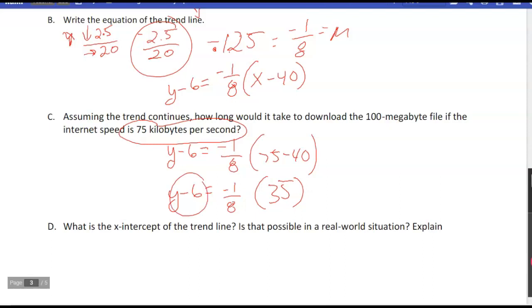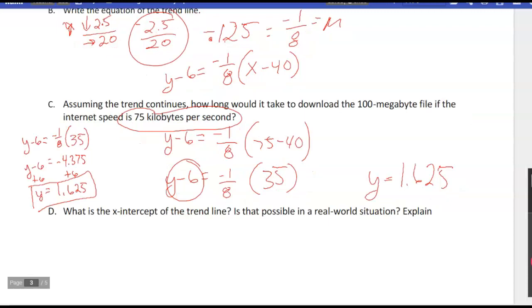And then I have to add 6 to it. So if I add 6, I would get, just using this without showing all the work, y equals 1.625. I'm just going to pause it here. Here's the math behind that, if you're interested: I did negative 1/8 of 35.